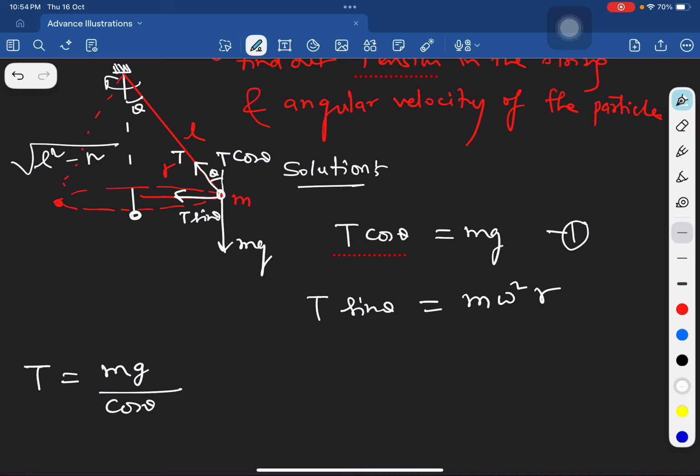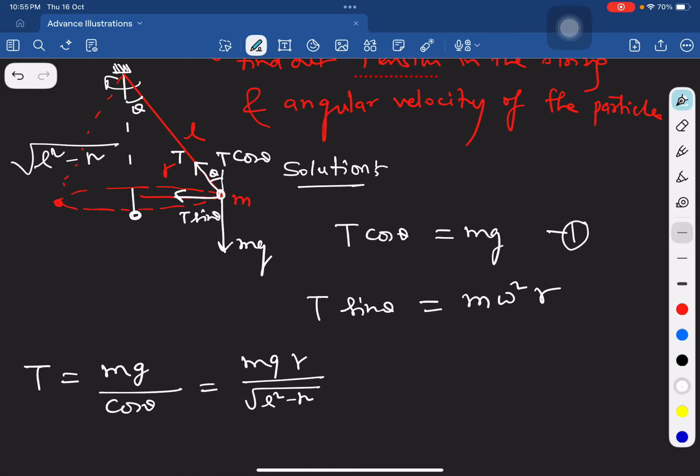So this will be mg upon under root of l square minus r square, and r will come in the upside. So it will be mgr divided by under root of l square minus r square. This is your tension.